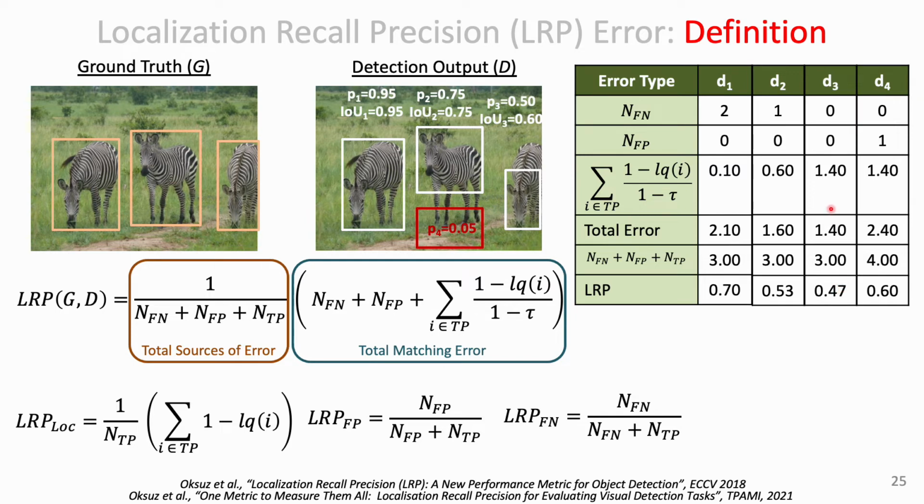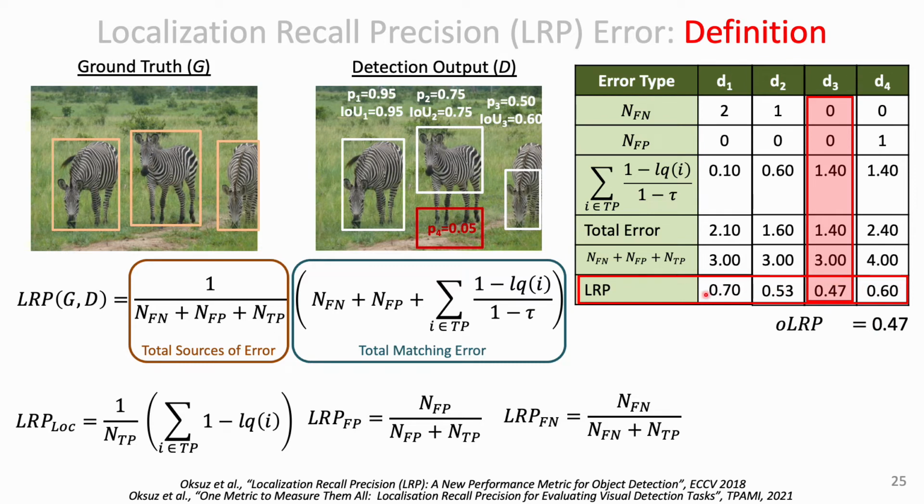If we lower the threshold too much, we end up with a false positive as the output of the detector, and we see that the number of false negatives is now 1 and the LRP value increases. If you look at all these LRP values, we see that it is lowest for this threshold.